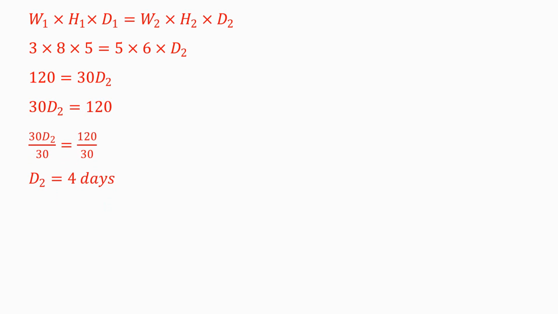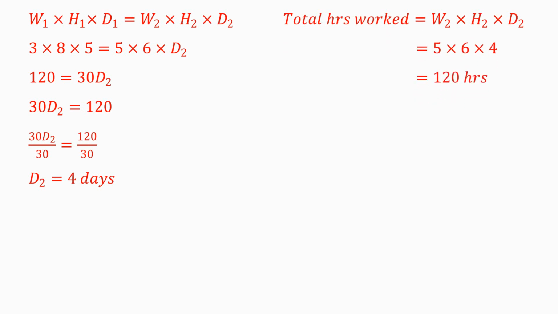Then we find the total hours worked, which is the number of workers times the hours per day times the days. So we have 5 times 6 times 4, which is equal to 120 hours. So the total time taken by the second set of workers was 120 hours. And the rate was 40 shillings per hour.